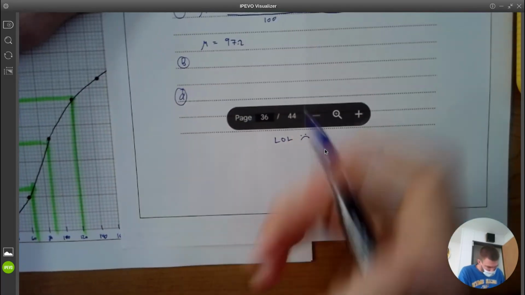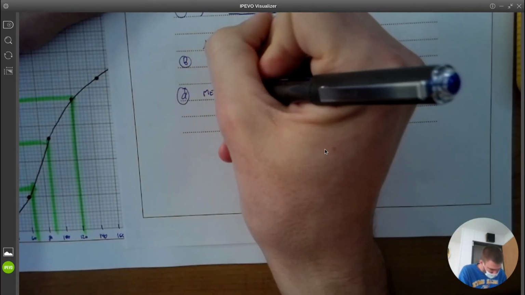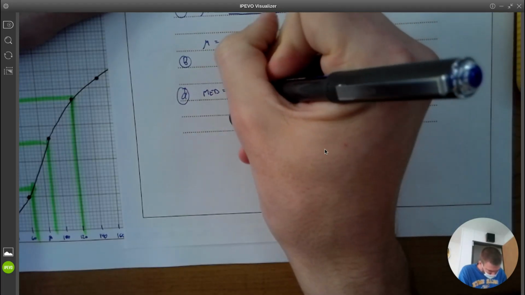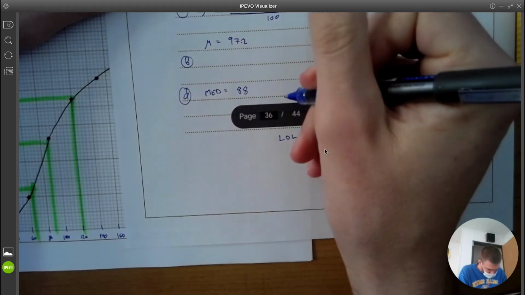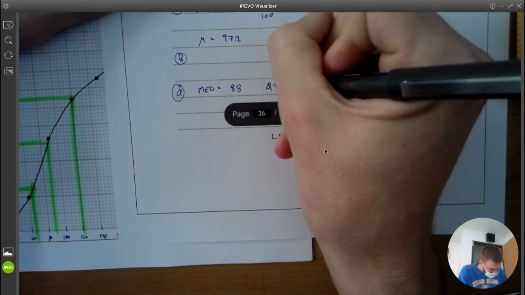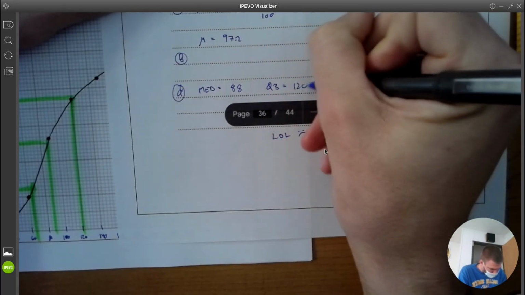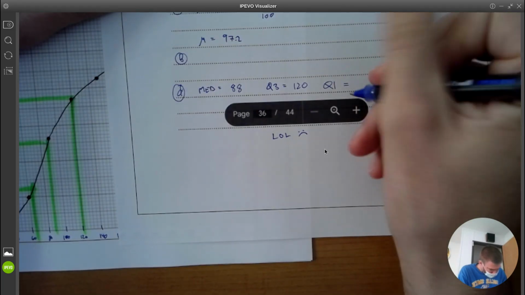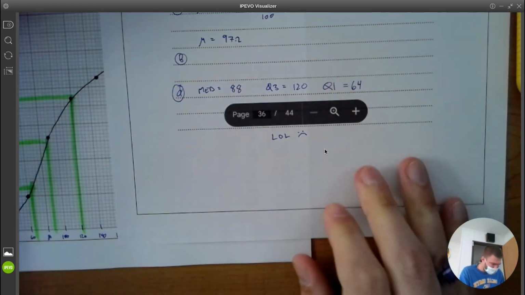So I'm getting the numbers. Median equals 88. Q3 equals 120. Q1 equals 64. I don't know. That's good enough.